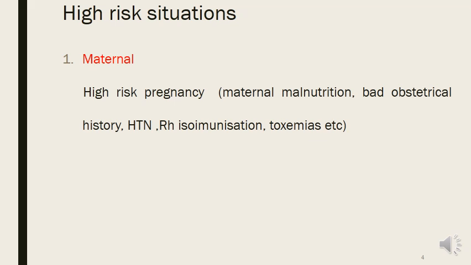For example, mother has any uterine disorders like bicornuate uterus or incompetent uterus, or she has preeclampsia, any hypertensive disorders, or she has any chronic medical illness like renal or cardiac anomalies, or infections like group B streptococcal infections, or bacterial vaginosis, or RH immunization.